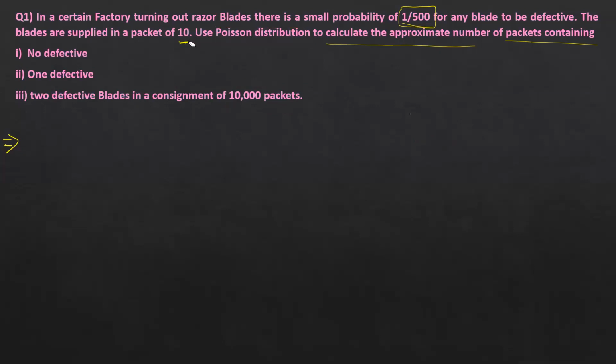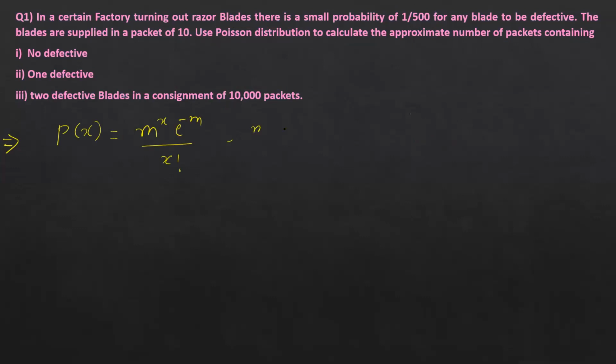distribution. Now the second point to note before you answer a question on Poisson: we know that the Poisson distribution P of x is defined as m power x e power minus m divided by x factorial. We have seen this.